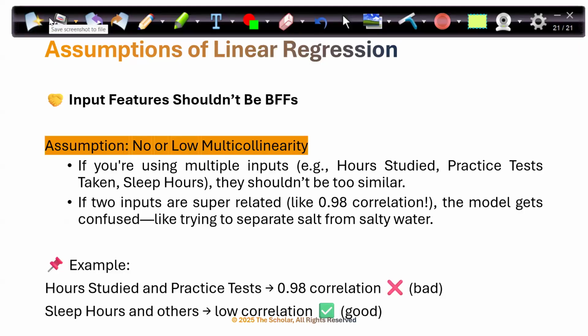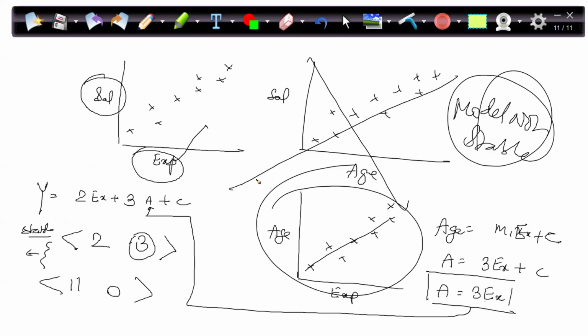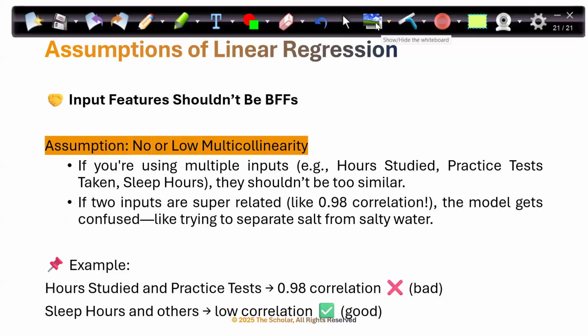If we have it, like in our example, for creating my equation to predict the salary, I will be only choosing one feature and I will discard the other feature. Right? Are you guys clear with this multicollinearity, all of you?